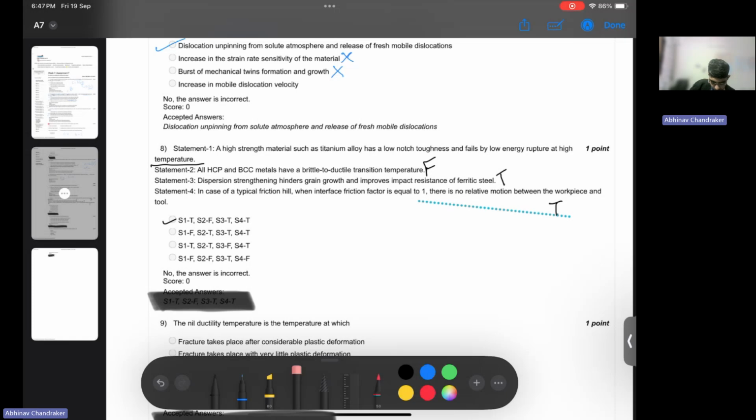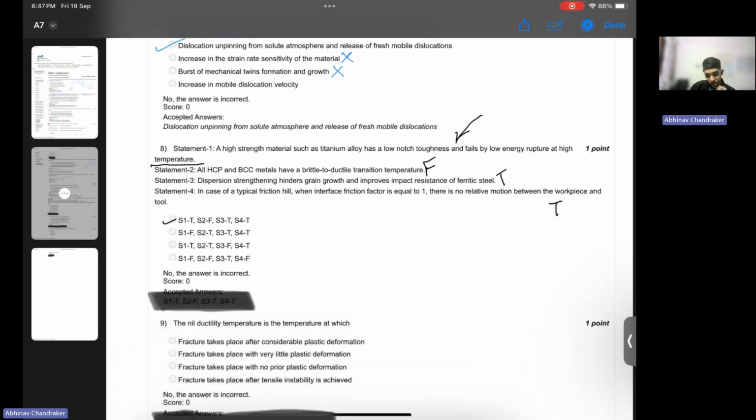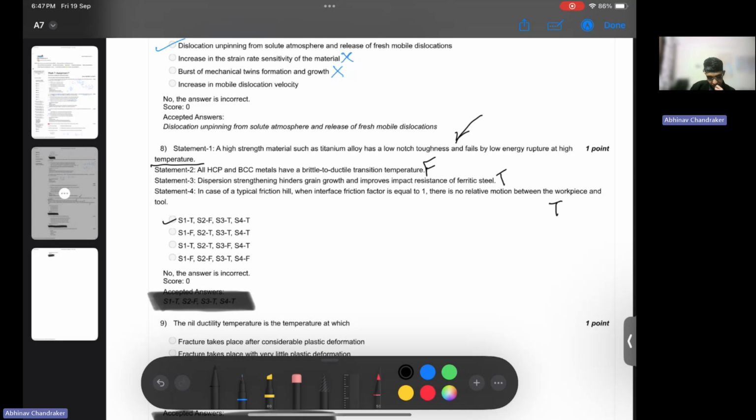Where we have titanium alloy, low notch toughness, and fails by low energy rupture at high temperature. This is a very ambiguous statement because you don't tell what is the high temperature. But in general, if they have told a high strength material, that means that it will have a lower toughness, higher DBTT compared to a medium strength alloy.